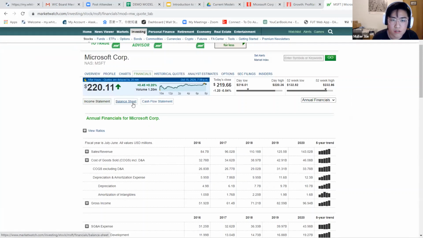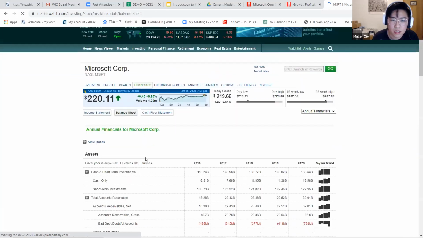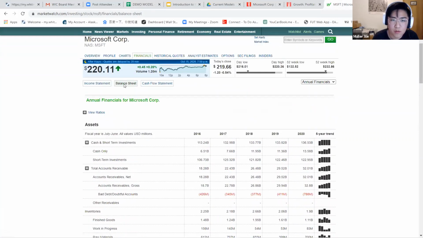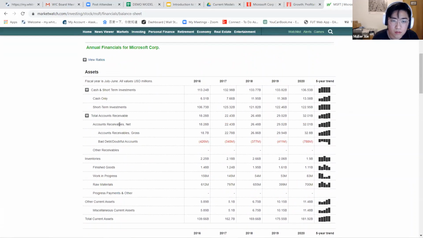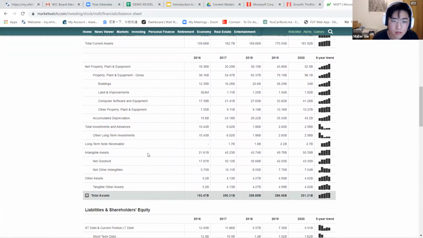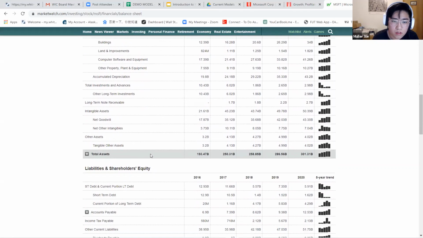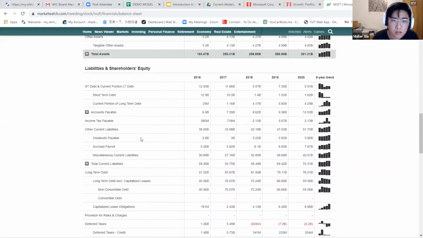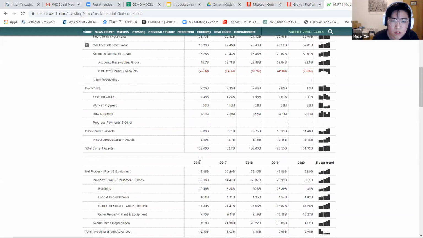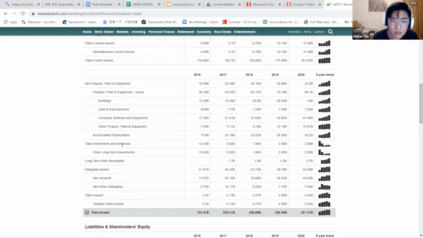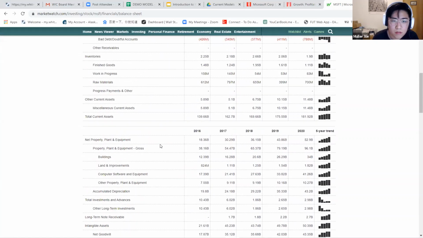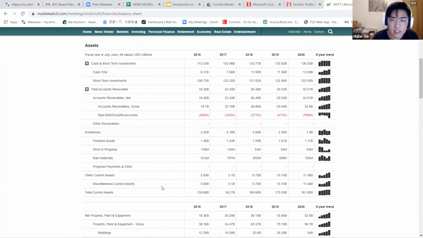If you click on the balance sheet button here and scroll down to the assets section, it gives you the data of total current assets in the 2020 fiscal year.